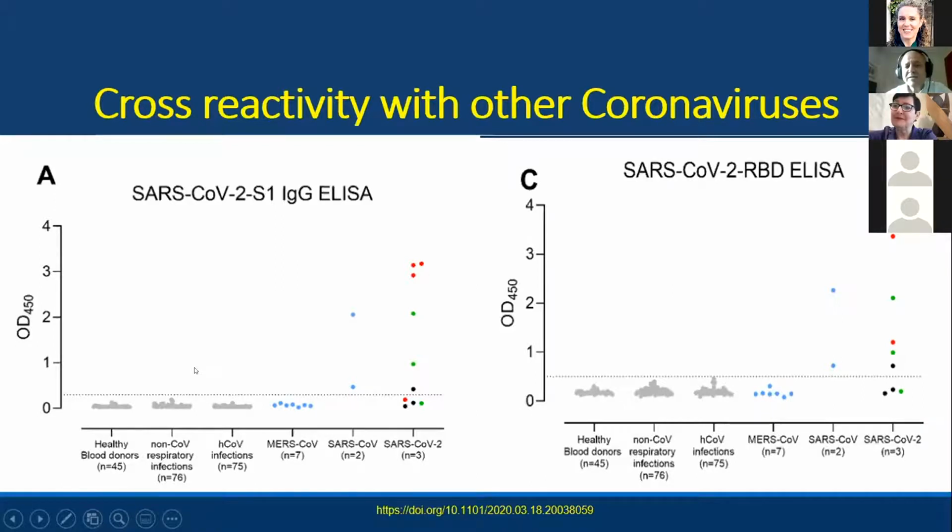So to summarize this, there is little homology between SARS-CoV-2 and the other coronaviruses, with the exception of SARS-CoV-1. So if you are doing assays, the chance of having a false positive assay due to other coronaviruses is little in this case.